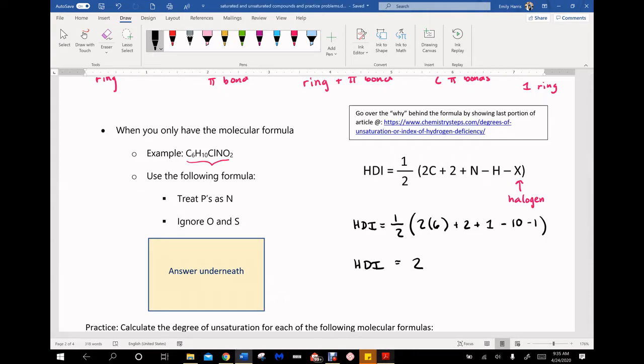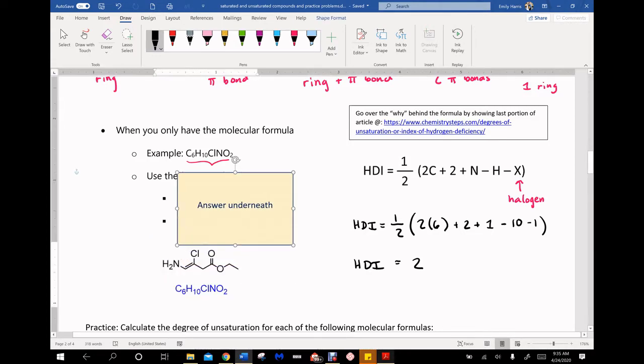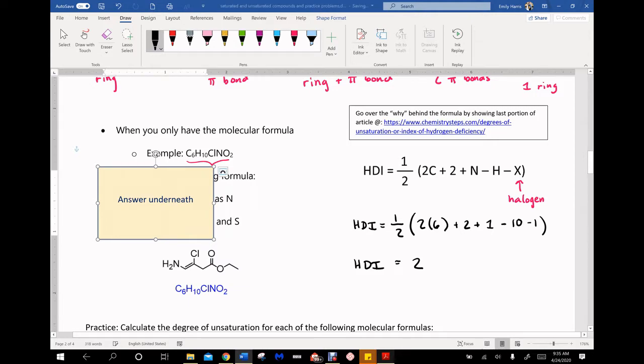Maybe you have 2 double bonds, or maybe you have a ring and a double bond, or maybe it's just 1 triple bond. And if we look at the structure, let me pull my little answer box away here, we can see that the actual structure ends up having 2 double bonds, and those 2 pi bonds are what give us the 2 degrees of unsaturation.